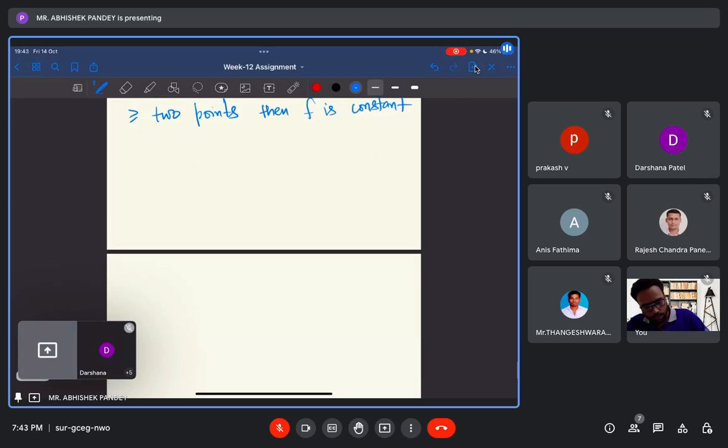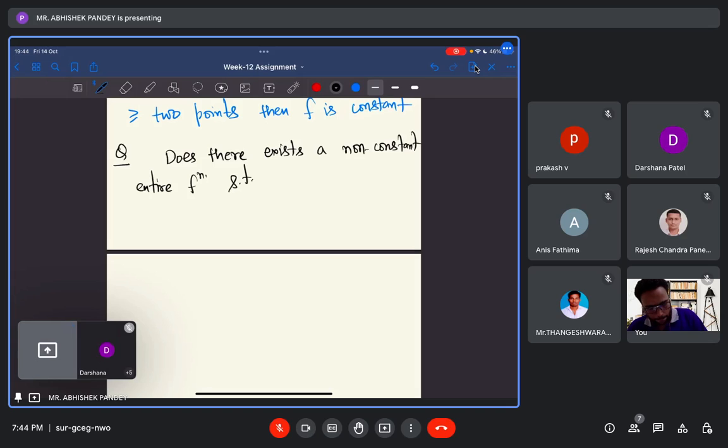So if I ask the question: does there exist a non-constant entire function such that u(z) is not equal to v(z) for all z belonging to C?